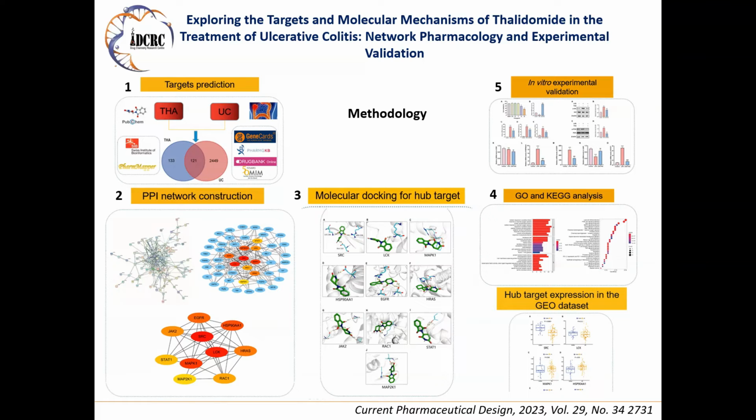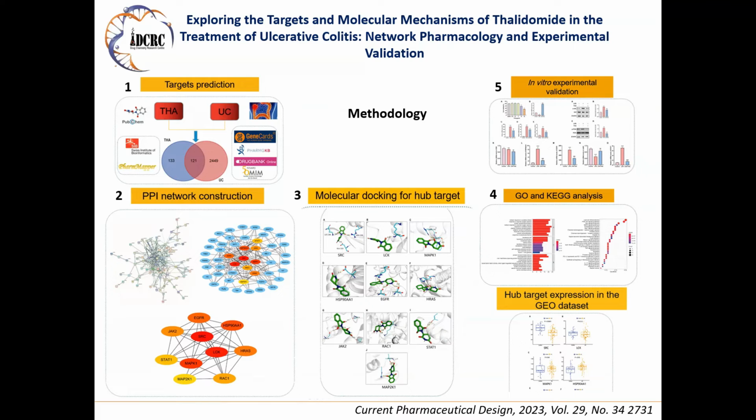Then they performed a molecular docking of these identified targets with thalidomide. After molecular docking, they performed the gene enrichment analysis and the hub target expression with the help of GO, KEGG, and the GEO data sets.